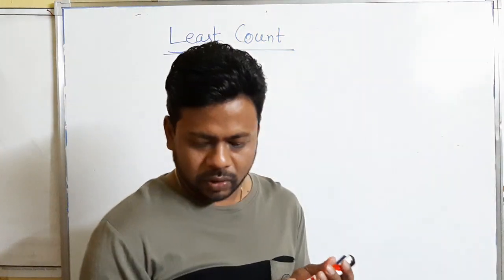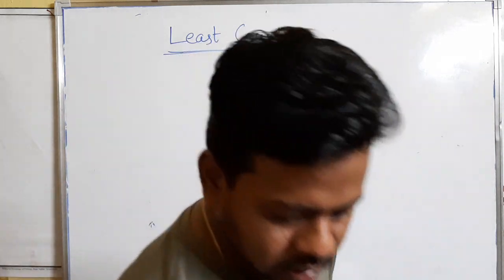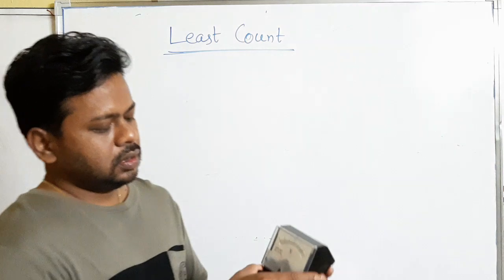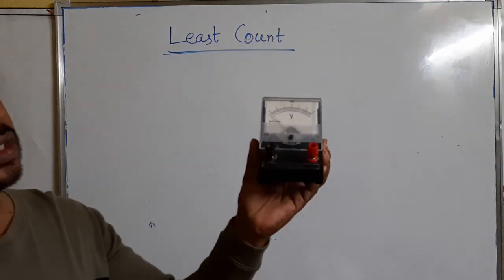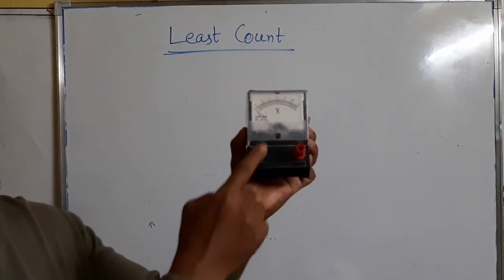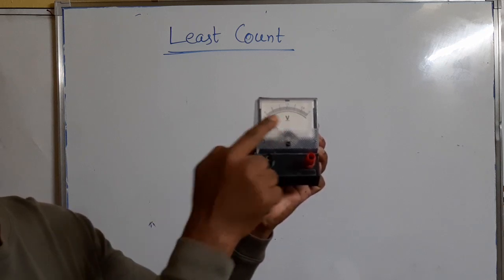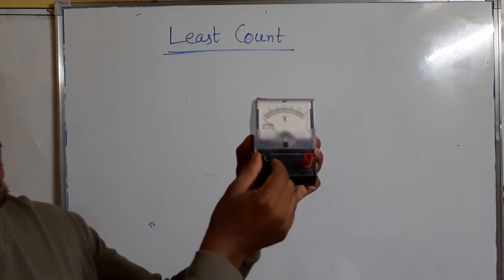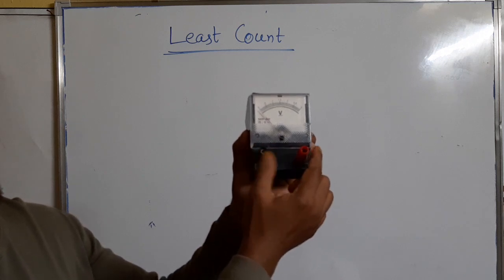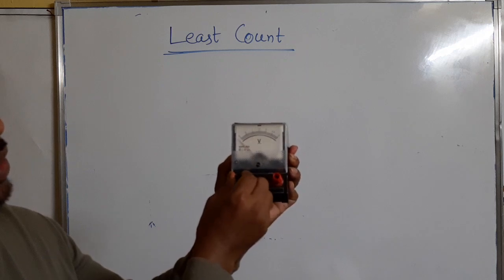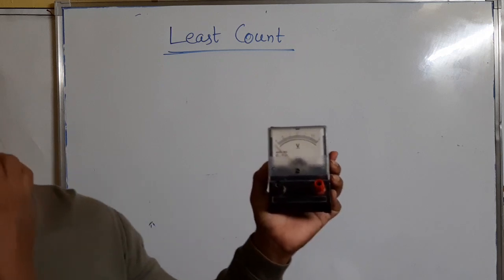So I have brought some instruments here. You see, students, this is a voltmeter. Here the V represents voltmeter, and you can see the two terminals, negative and positive.